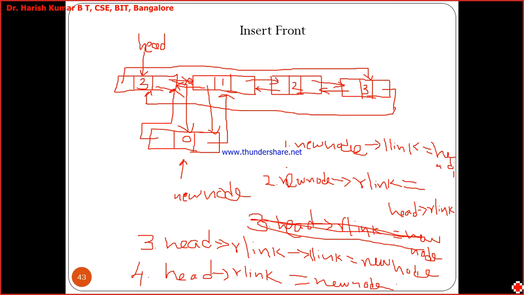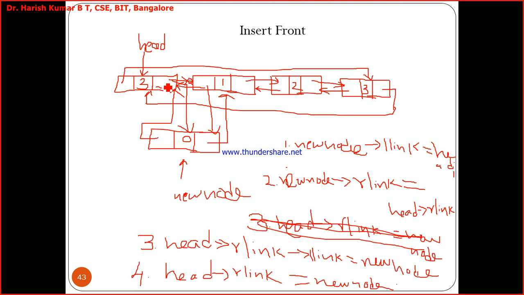Yes, sir. Okay, now I'll show you once again. Remember, before you modify, this is the only link. When I want to insert between this node and this node, this is the only link which will allow you to access this node. Before you replace this with the new address, use this to define all the links from the new node to this node, and then finally go for replacing this.